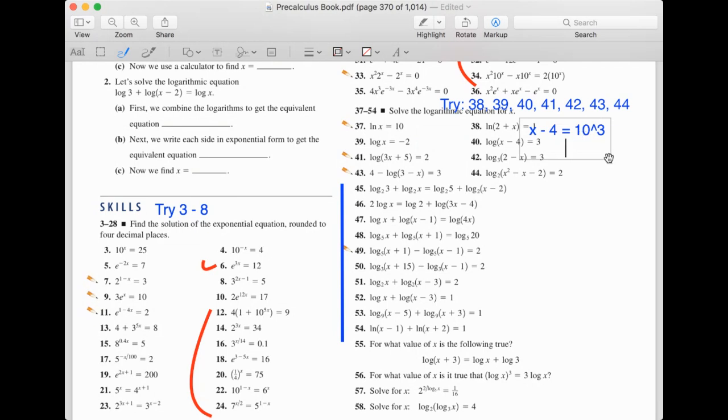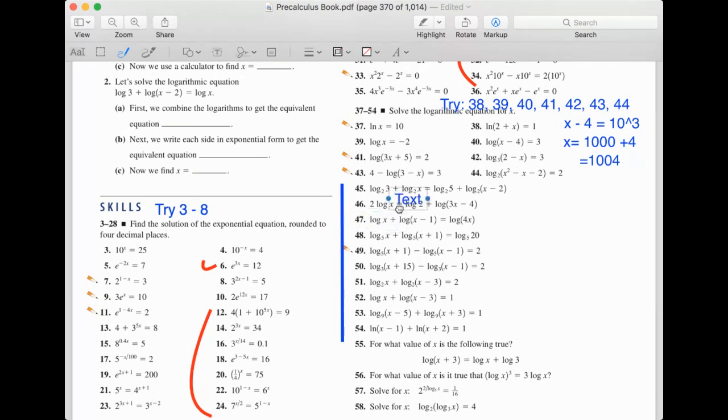Then I just solved for x, and 10 raised to the third power is 1000. And I did the inverse operation, meaning plus 4 on both sides. And then the answer is 1004. That's it. Perfect. Anybody has any question? Okay, great. That's 40, Liz.